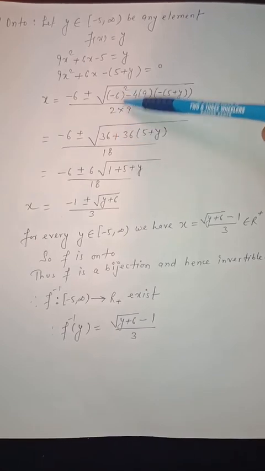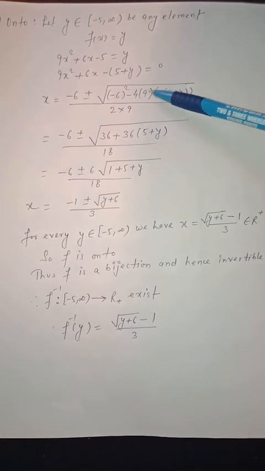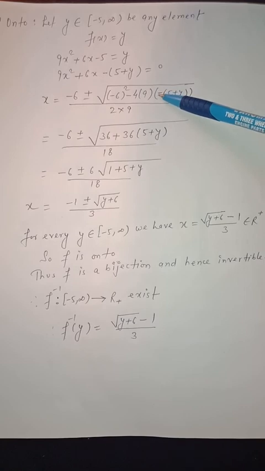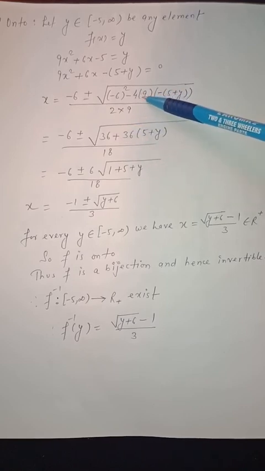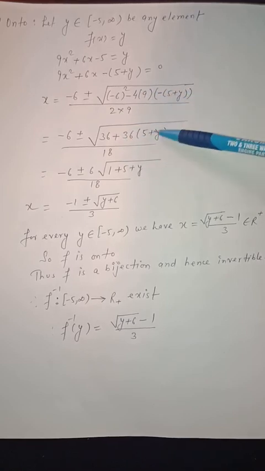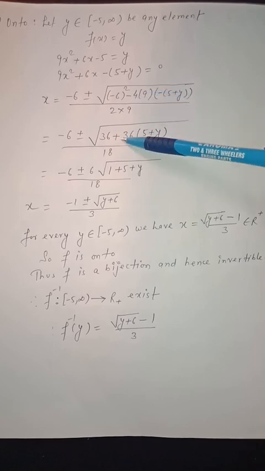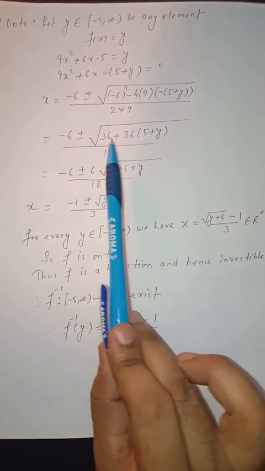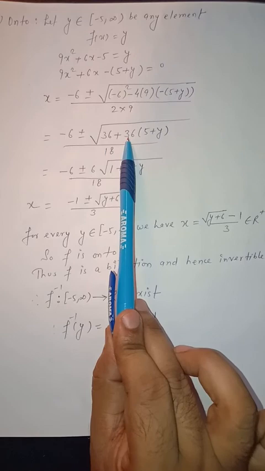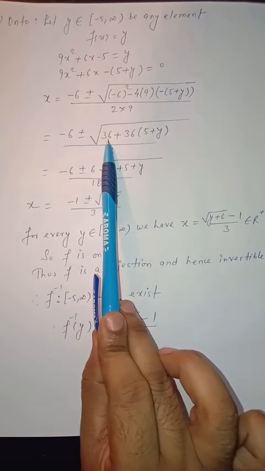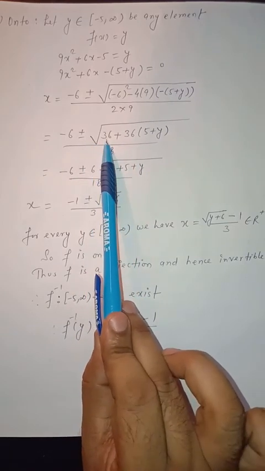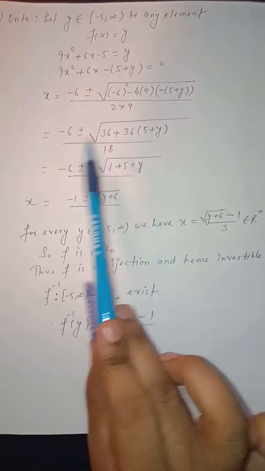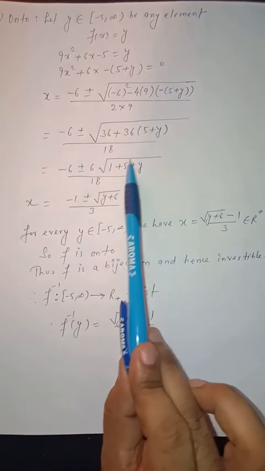Actually 6 square is 36, and see here minus into minus is plus, 9 into 4 is 36, and 5 plus y is in brackets. So this minus and minus become plus. Now when this 36 is common, it will come out of the square root, so it will become 6. Now here it is 1 and this 36 is out, so it will become 5 plus y.